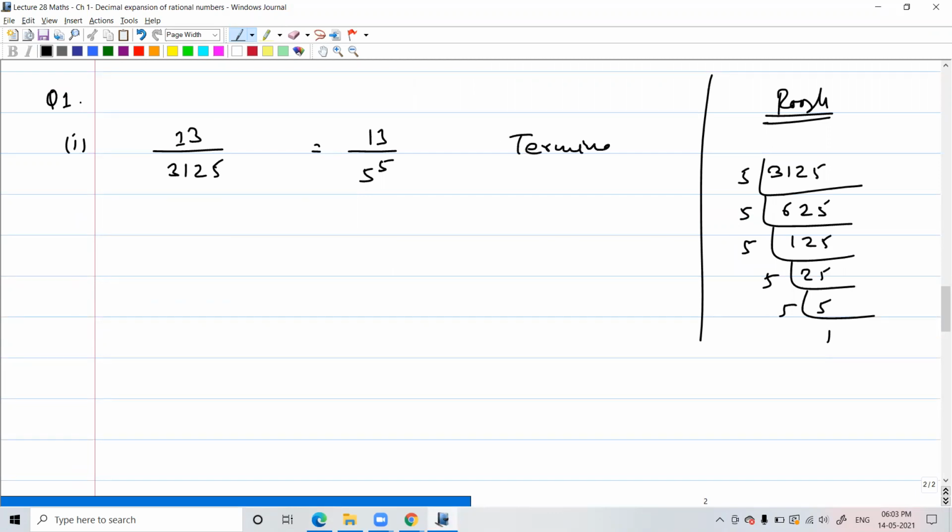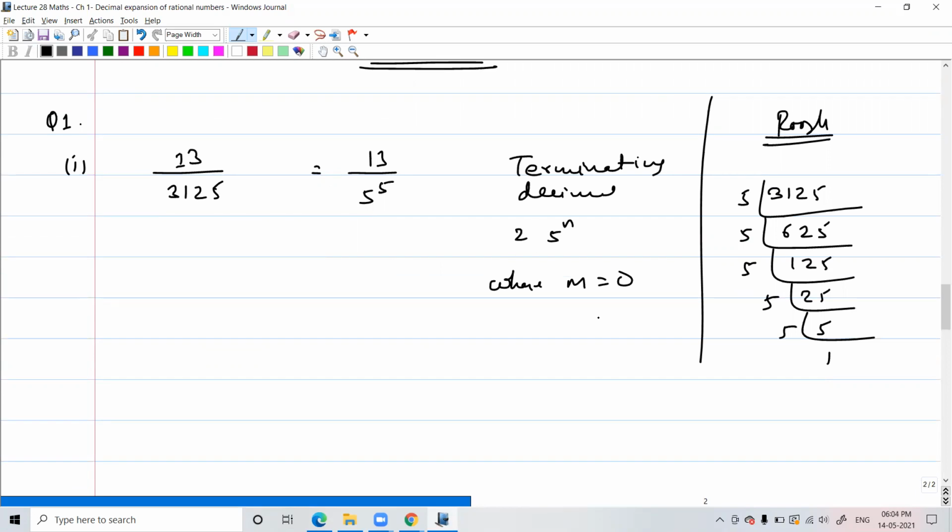Yes, it will have a terminating decimal because it is of the form 2 to the power m into 5 to the power n. What is the value of m over here? m is 0 this time because 2 has a power of 0. So m is 0 and n is equal to 5 here.